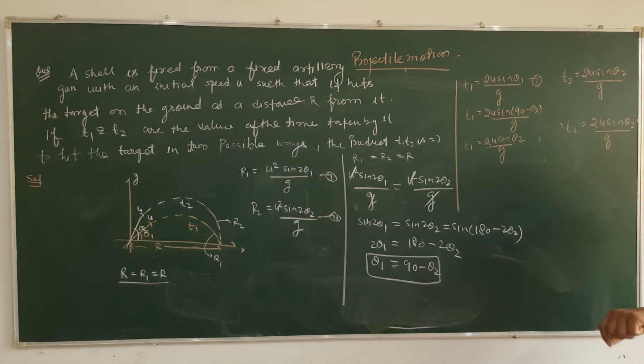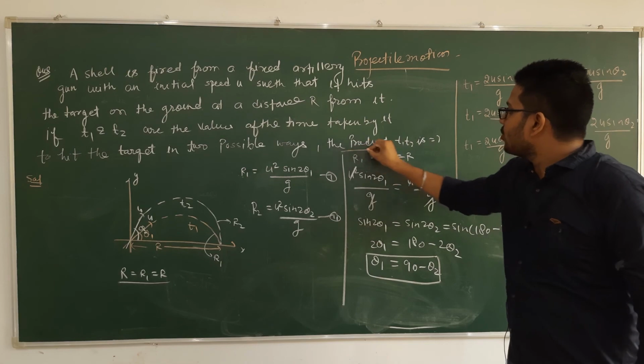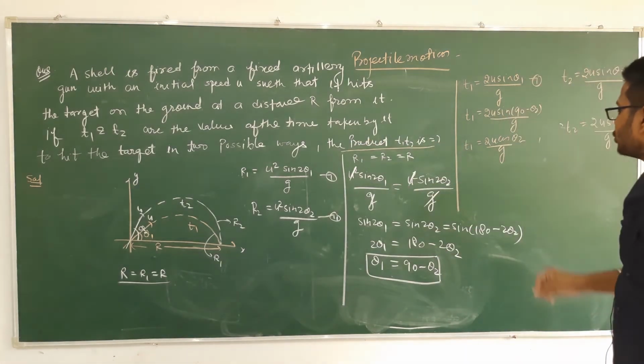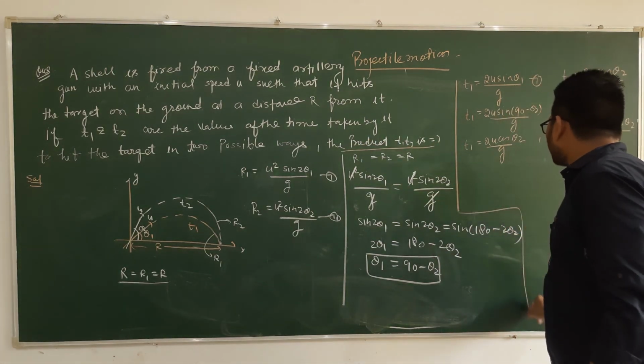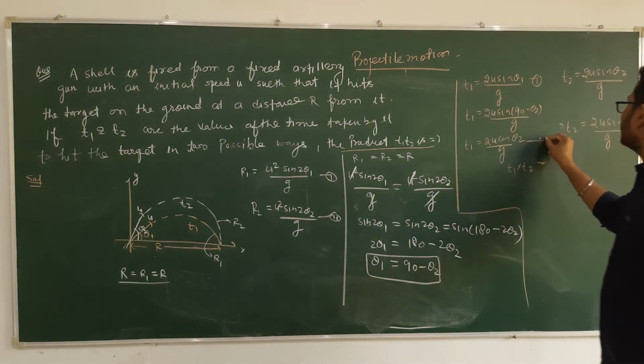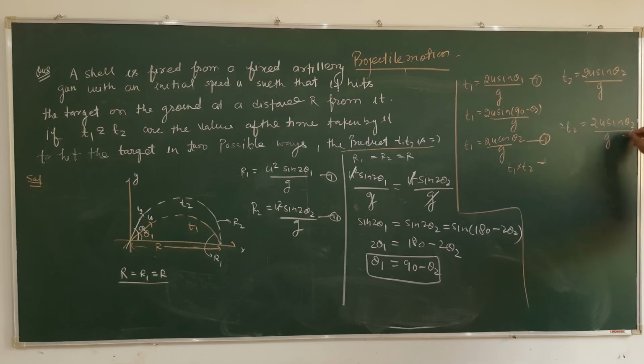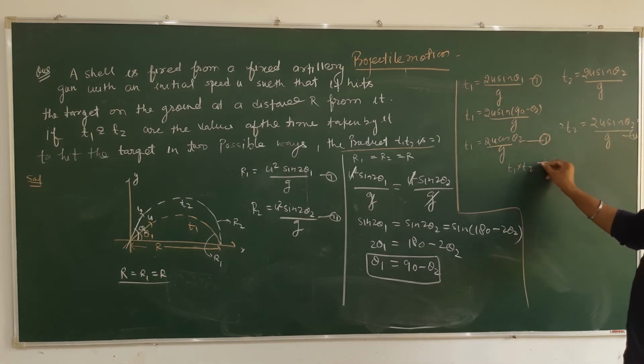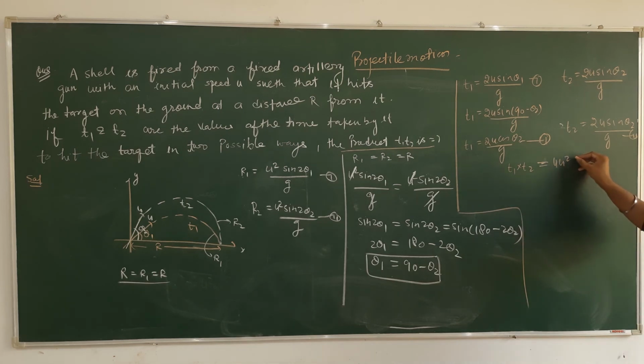Okay, so what is the question? The question is, what will be the product of T1 and T2? Multiplying both equations, we get 4 u square sine theta 2 cos theta 2 upon g square.